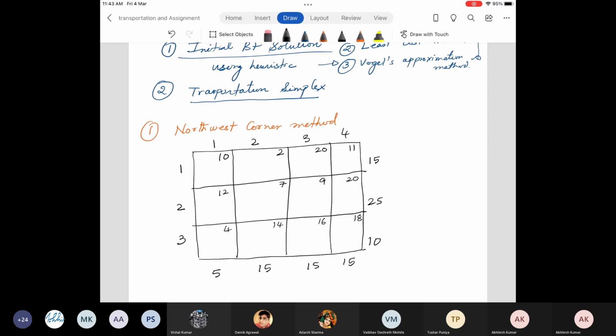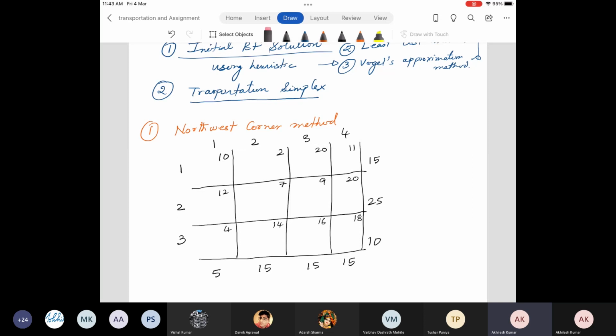Write all the costs in the right hand top corner and leave this area empty because we'll put the values of the xij's here.